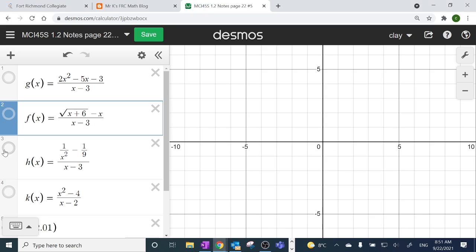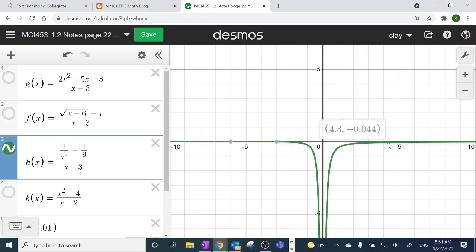So there's the third one. As you can see, when x is 3, it was undefined at 3. But as I get infinitely close to it, 0.07. So yeah, we've got the right number.